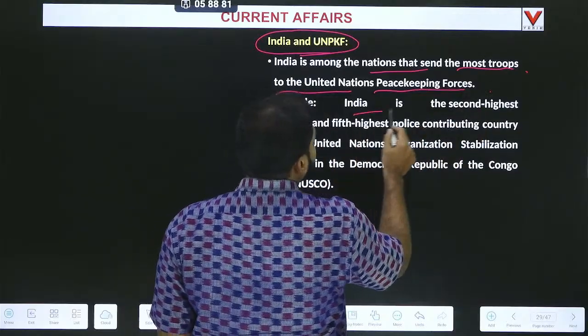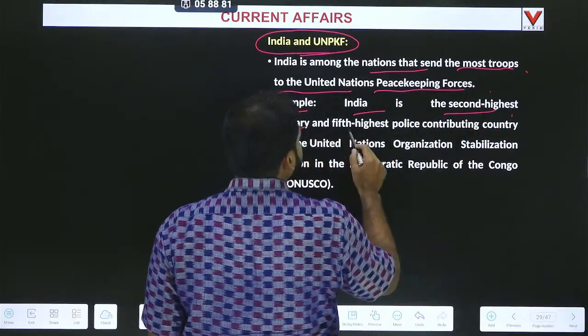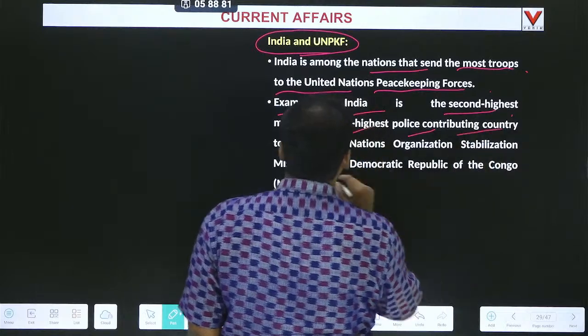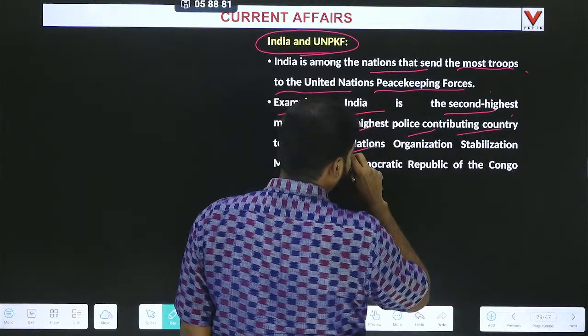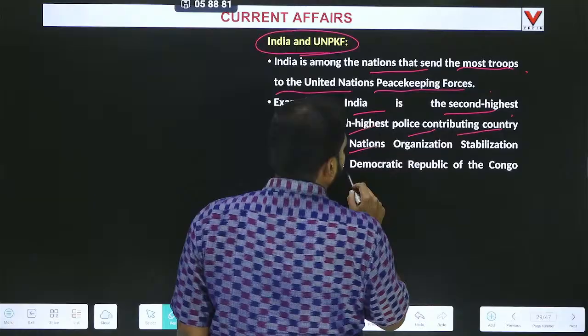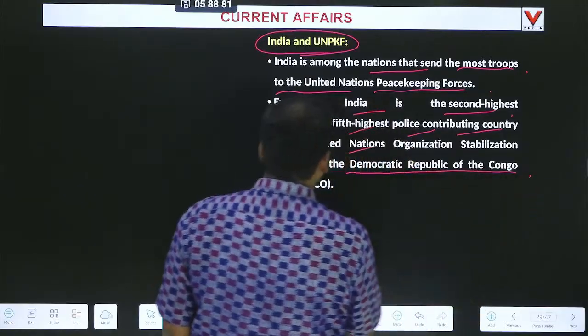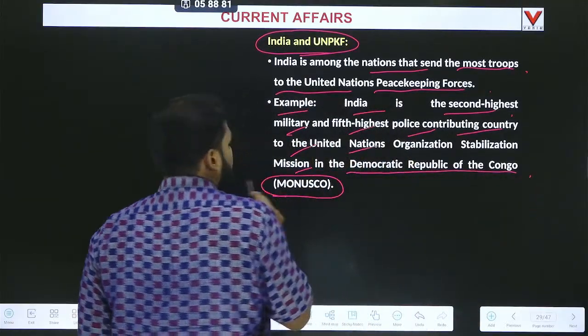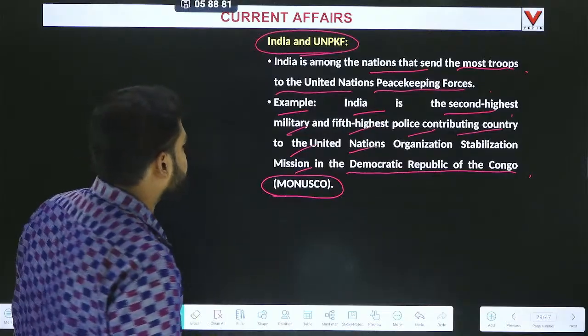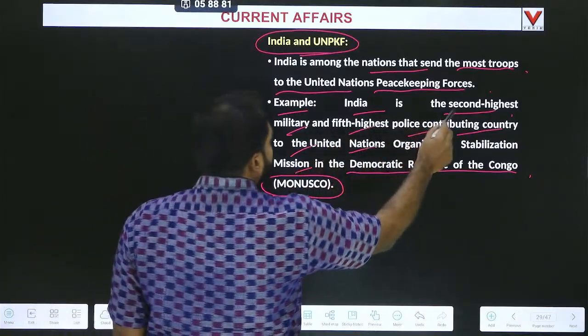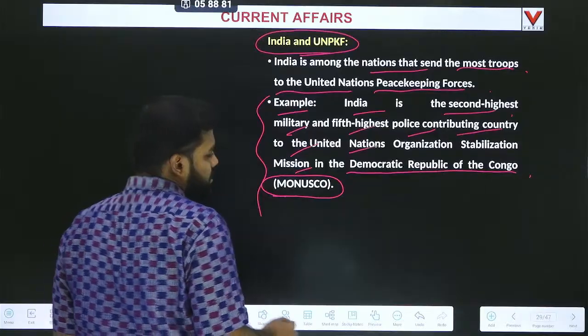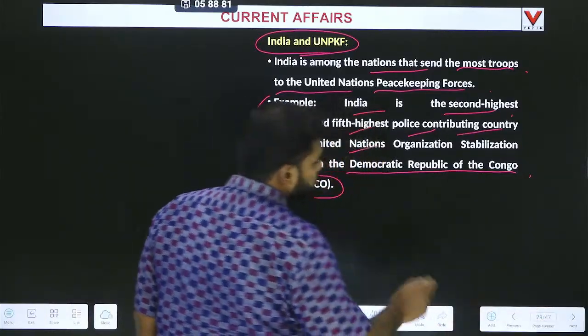For example, India is the second highest military and fifth highest police contributing country to the UN stabilization mission in the Democratic Republic of the Congo, okay? This is one of the examples, right?